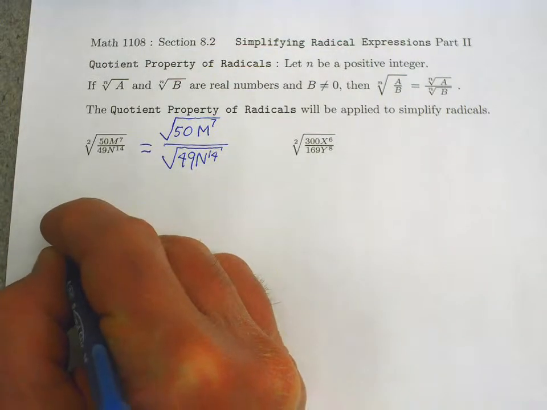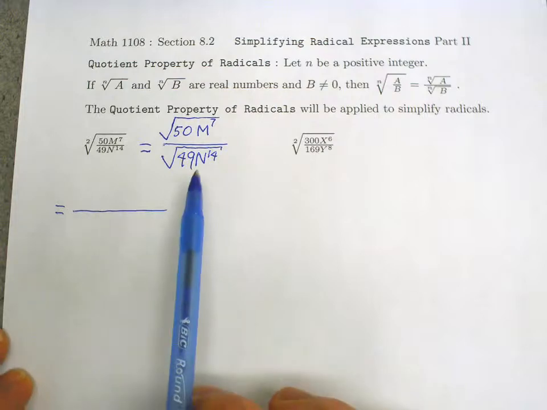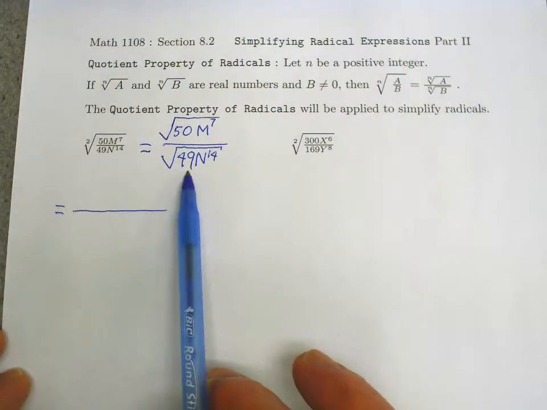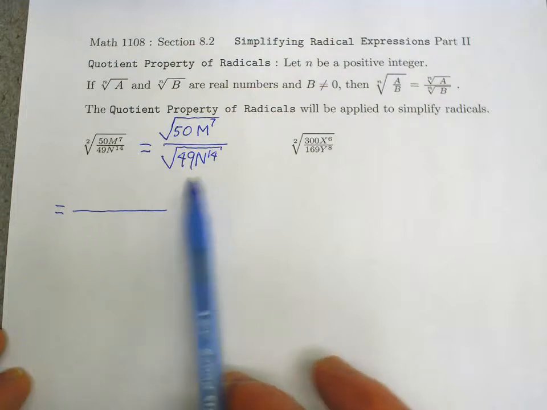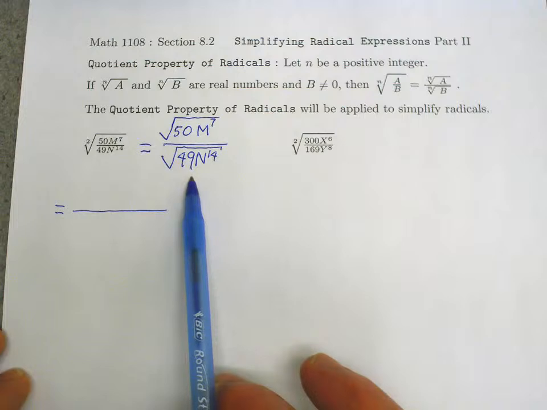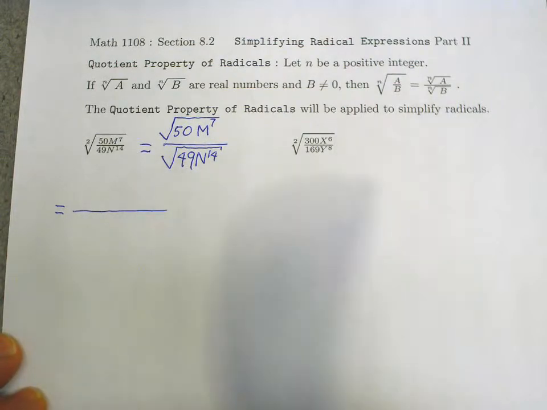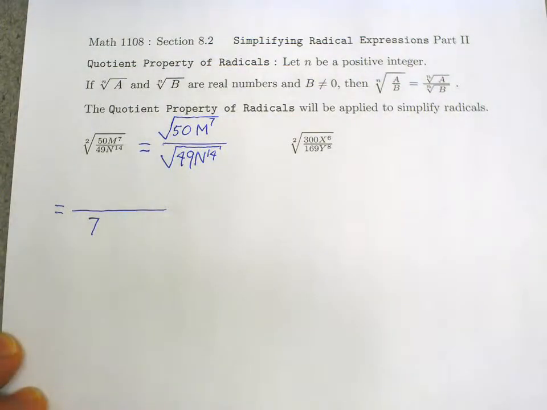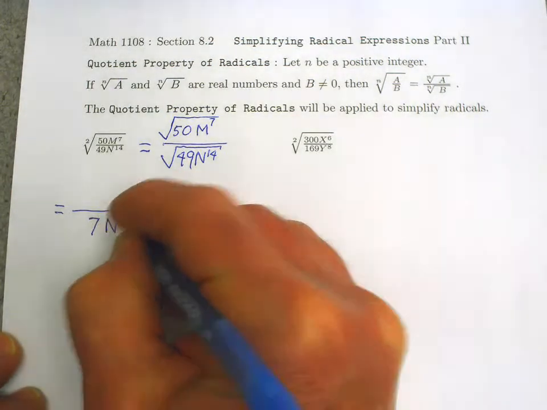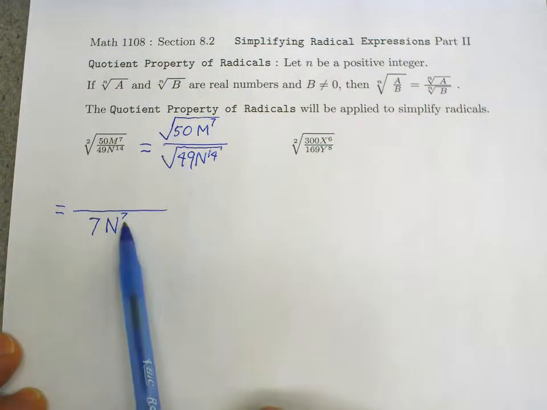Well, we can simplify the denominator completely, because in the denominator we have the square root of perfect squares. 49 is a perfect square, and so is n to the 14th. So we can just simplify the square root of 49 and write 7, and the square root of n to the 14th is n to the 7th, because 14 divided by the index 2 is 7.